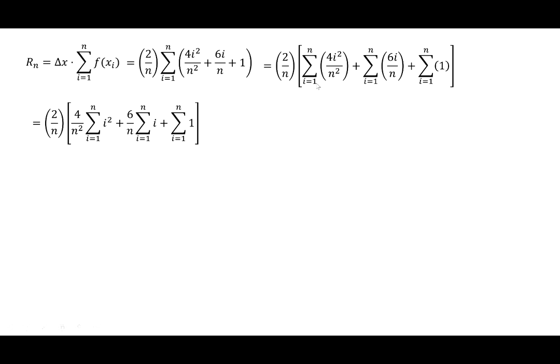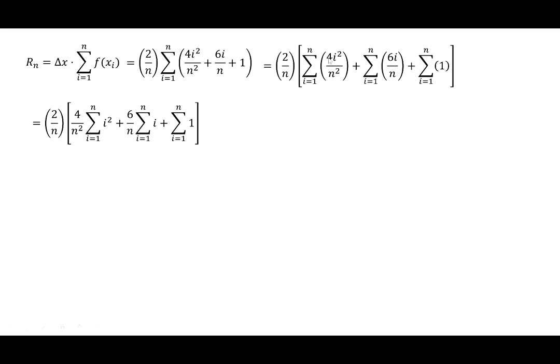So i is changing. Would the value of i affect n? No, n is separate. n is independent of i. That's why we could treat n square as a constant. n is a constant and n square is a constant. So let me repeat that. Please pay attention to that and absolutely get it.